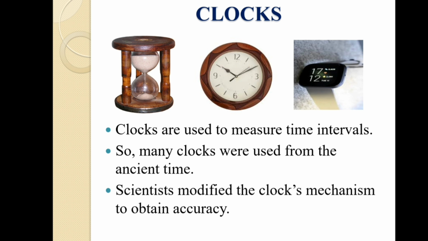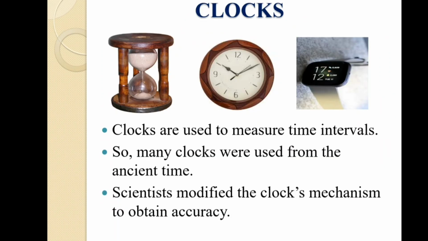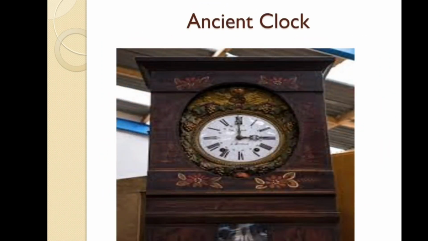Based on their working. So scientists changed the clock's working to obtain accuracy. What is accuracy? Precise, correctness. To obtain the correct time, they modified the clock's mechanism. This is the picture of one of the ancient clocks.